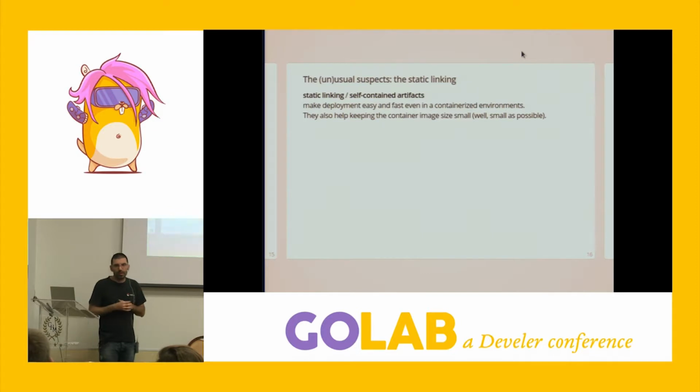I also mentioned static linking, which is a big thing about Go as an ecosystem, because when the toolchain is presented, it is presented like a big upside, because you have just one artifact you can ship and deploy, and this is indeed awesome. But when you have a containerized application, you already have an easy way to ship your artifacts, and so far so good.